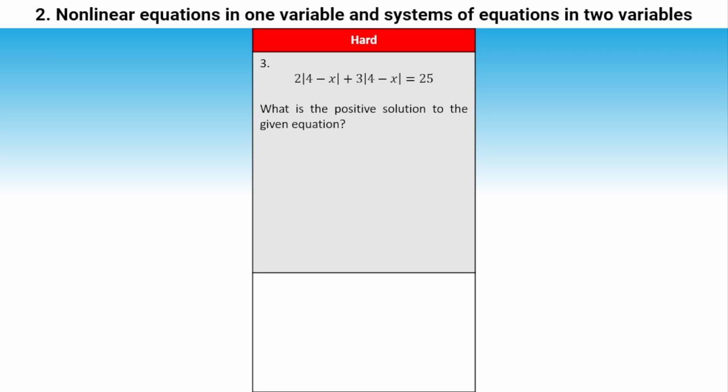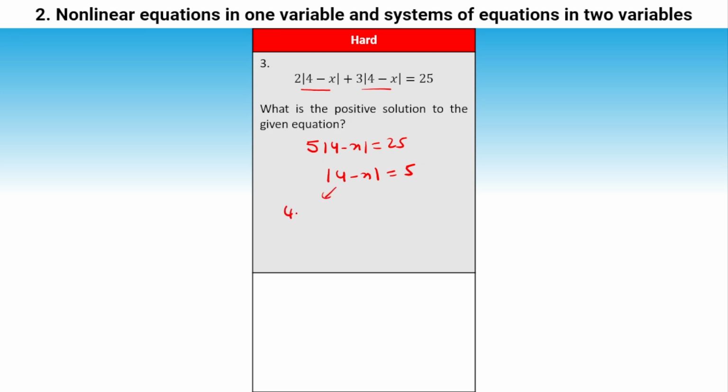Okay, it's an absolute value type. What is the positive solution to the given equation? I think it's quite easy. 2 plus 3 is 5. The absolute value of 4 minus x equals 5. I think I mistook here. The thing inside the absolute value can be positive or negative.